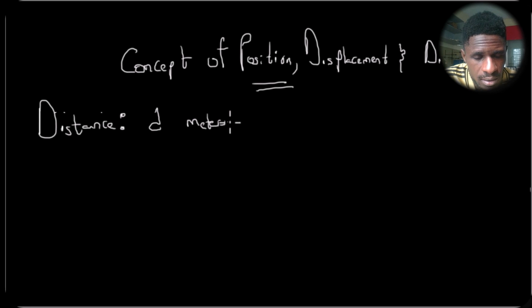Unlike displacement, that is a vector quantity, distance is a scalar quantity. Of course, I did say we're going to make a separate video where we look at the concept of vectors and scalar. But all we need to know for now is that vector involves the magnitude and also the direction of that particular quantity, while for scalar quantity, we're only concerned with the magnitude.